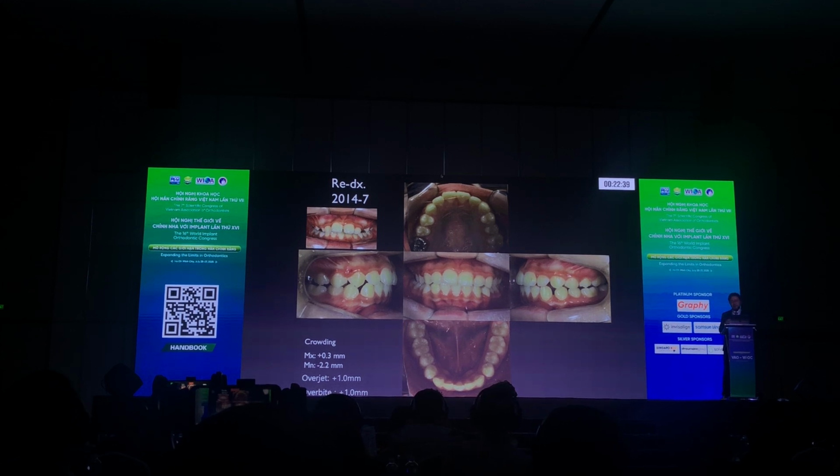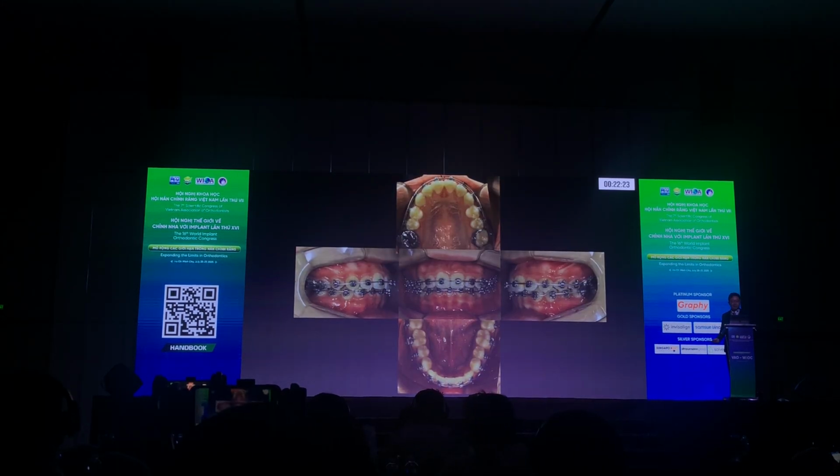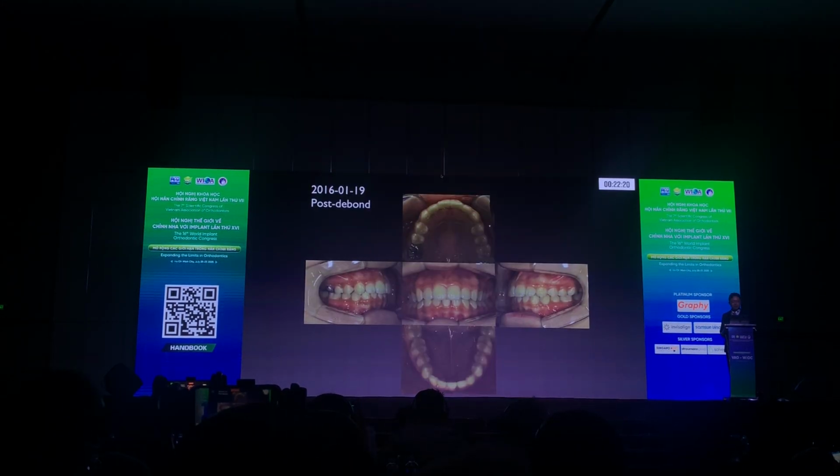Then we can make an edge to edge. So we try to make a shallow overjet. We need to overcorrect for the future space closure of the lower space if you want to make a 3 incisor. So her mandibular growth is very good, and it made a class 1 relationship, from a class 3 tendency, right?